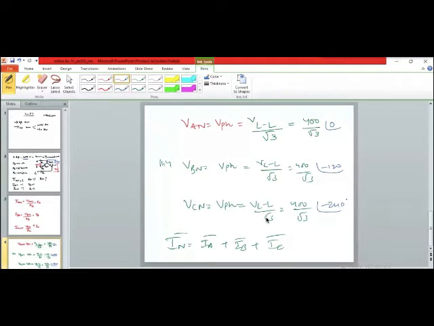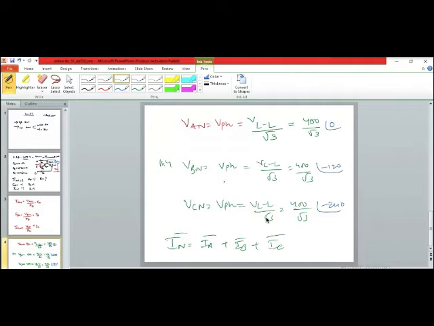Yes, I'm taking A phase as the reference phase. So obviously it is 400 by root 3 angle 0, 400 by root 3 angle minus 120, 400 by root 3 angle minus 240. I guess you can simplify it. Yes, we shall move on to the next problem.